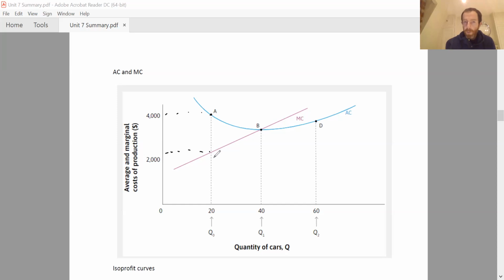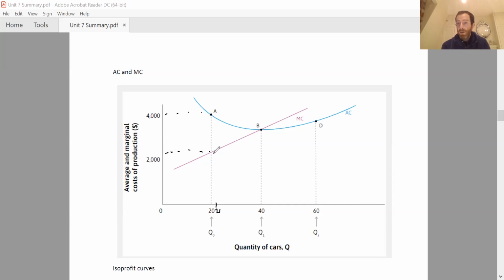So let's think about what marginal cost means. It means if we were going to move from 20 to 21 units of output, in this case the quantity being the number of cars, the marginal cost tells us how much extra money we'd have to spend, right? Now, if you think about what average cost is, it's total cost divided by quantity. Now, if marginal cost is less than average cost, and I went to 21 and thought about working out what the average cost would be here, I would be adding on an extra unit.